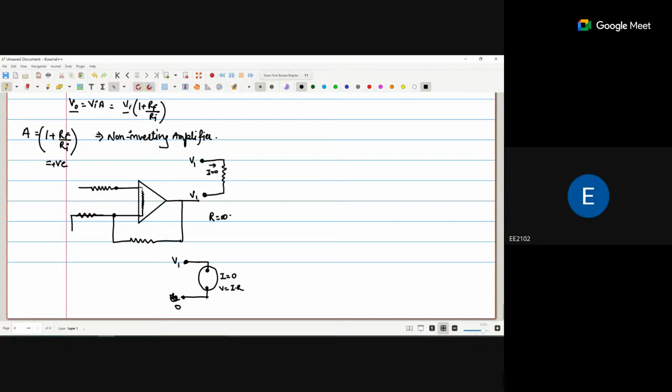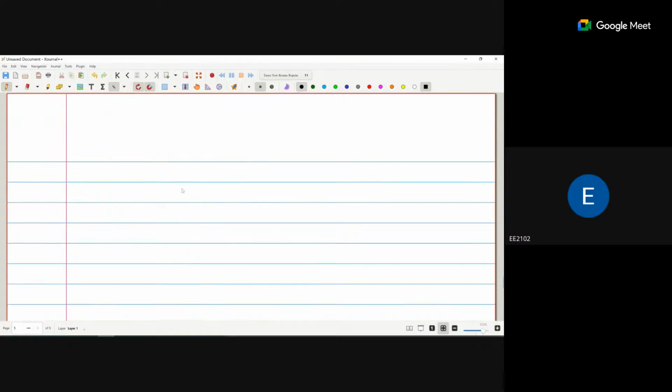Okay, I will take one more case. Simple, go back to the circuit part. This is R1, this is R2. Connect it back.